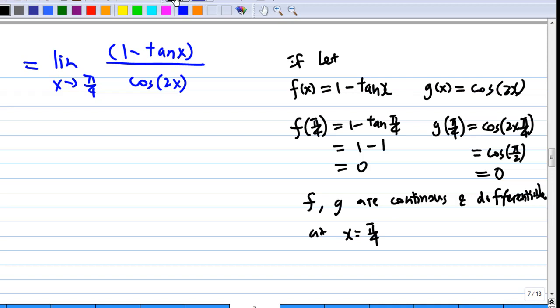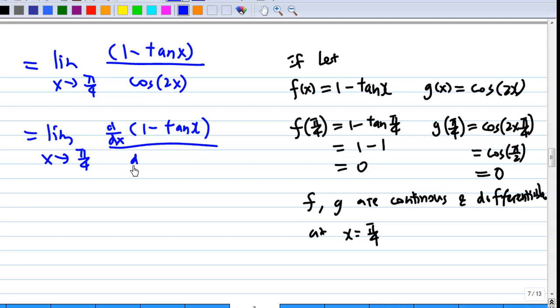So according to L'Hopital's rule, this is equal to the limit as x goes to pi over 4 of the differentiation of 1 minus tangent x over the differentiation of cosine 2x.